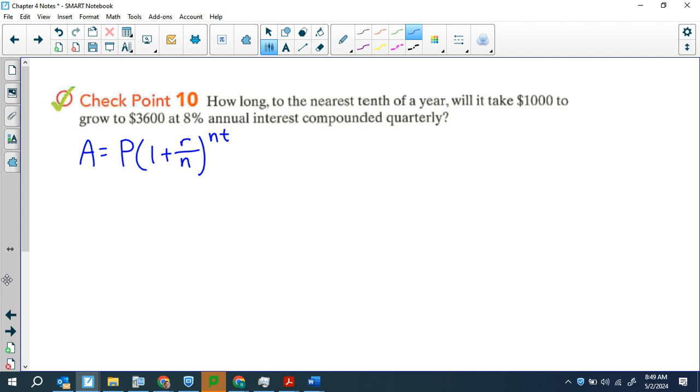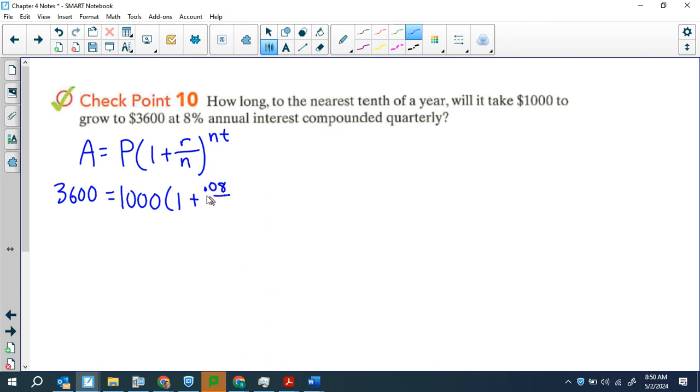So we're starting with $1,000, that's going in for our principal. We want it to grow to 3,600, so where's the 3,600 going to go? Out the front. That's going to be what's in our account. The 1 stays as 1. We need our interest rate as a decimal, so 8% as a decimal would be 0.08.